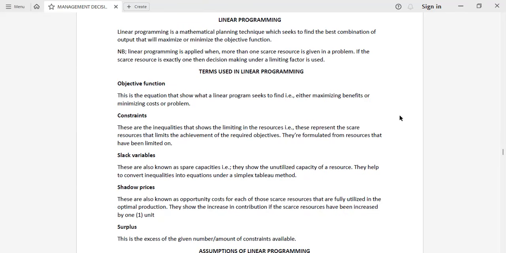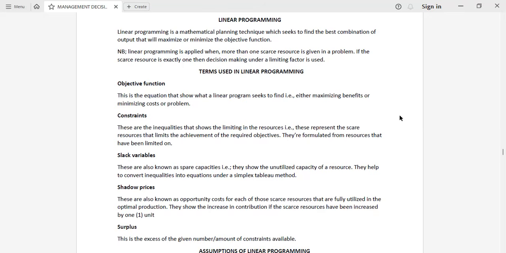Today we are going to start with linear programming, and this is going to be a new topic that we are going to start, having finished the decision making techniques that we were doing.